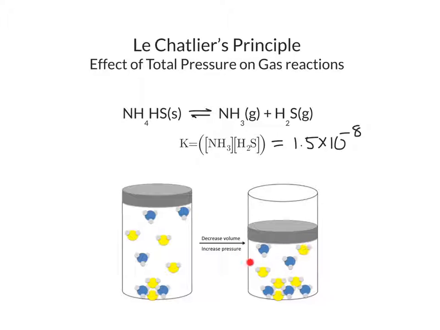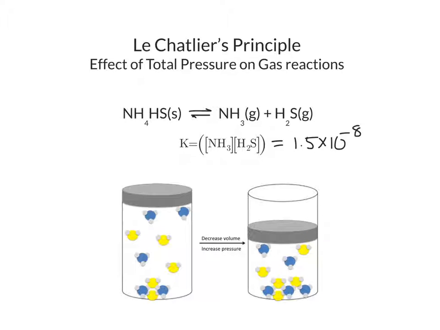So now the molecules have less volume to roam in, and so their pressure increases, but their concentrations also increase because concentration is number of moles per unit volume, and if I've decreased the volume, then I've increased the number of molecules in a given volume.